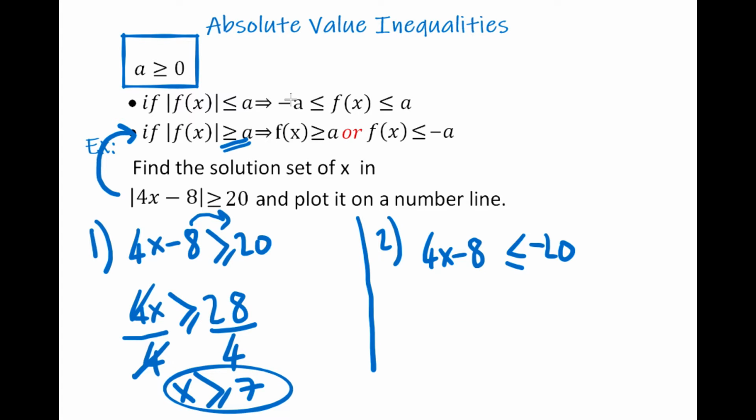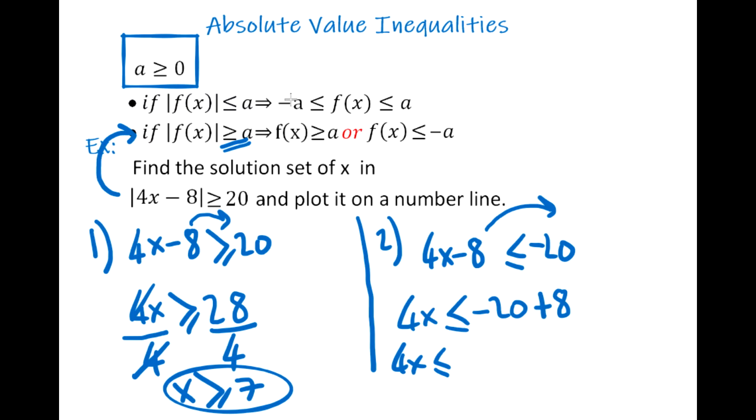And let's take a look at the next case. So here again do the same thing, send negative 8 to the right, and it's going to be 4x is less than or equal to negative 20 minus 8, and it's going to be negative 28. No, it's going to be positive, guys. Here it's plus. Why here it was negative 8?